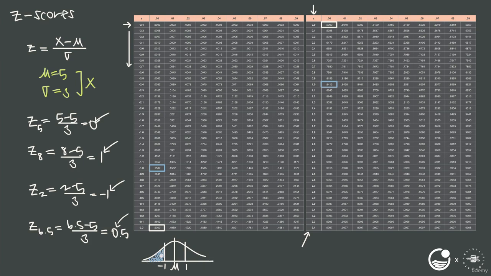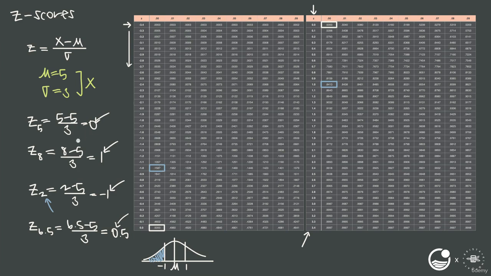Another way to put this is that the probability that we find a value below 1 standard deviation below the mean is 15.87%. Or in the case of this normal distribution here, this random variable x, remember we found a z-score of -1 for this value, x equals 2, which means that the probability or the likelihood that we get a value of x in our data set that is less than 2 is about 15.87%.